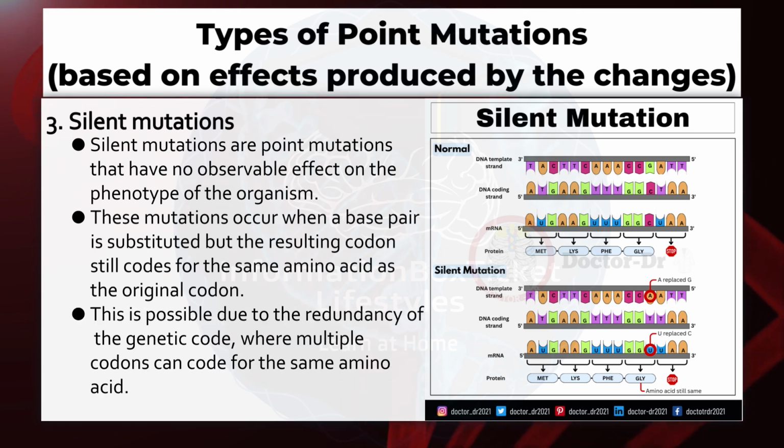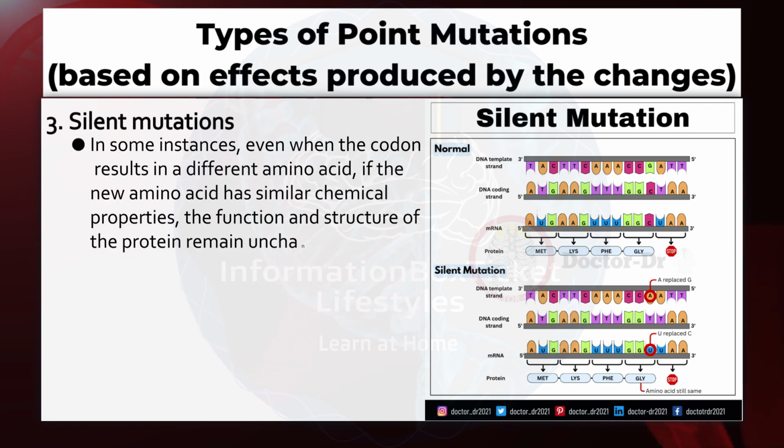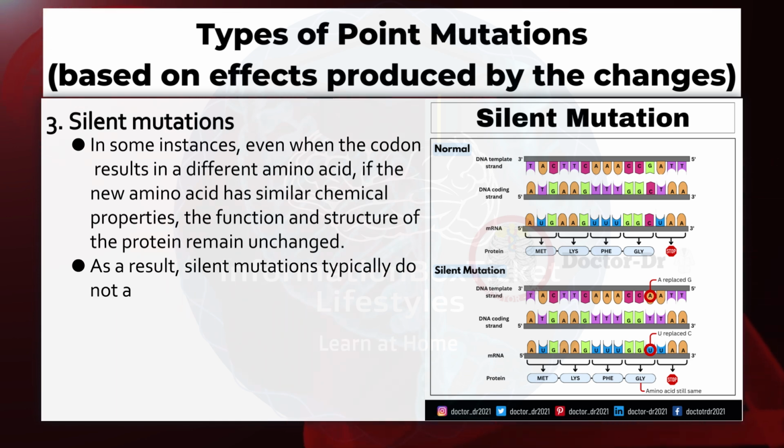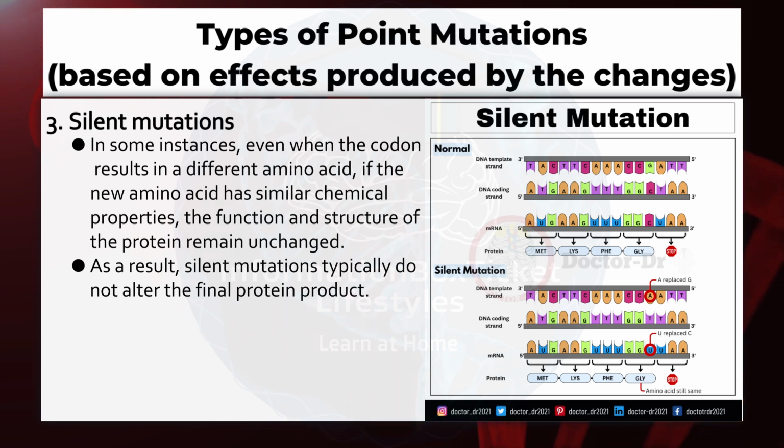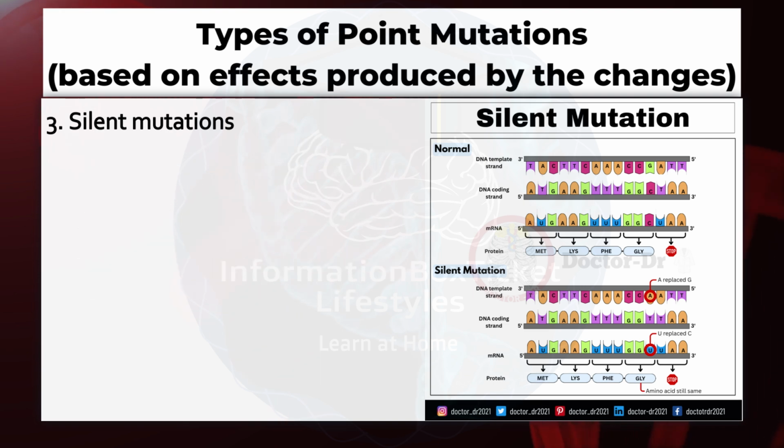This is possible due to the redundancy of the genetic code, where multiple codons can code for the same amino acid. In some instances, even when the codon results in a different amino acid, if the new amino acid has similar chemical properties, the function and structure of the protein remain unchanged. As a result, silent mutations typically do not alter the final protein product.